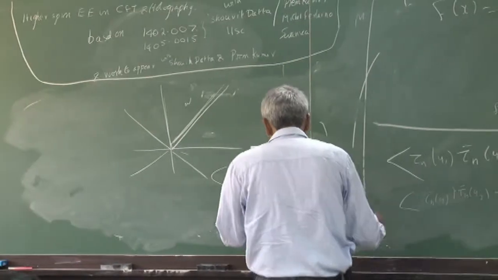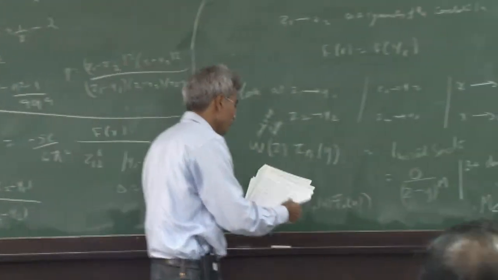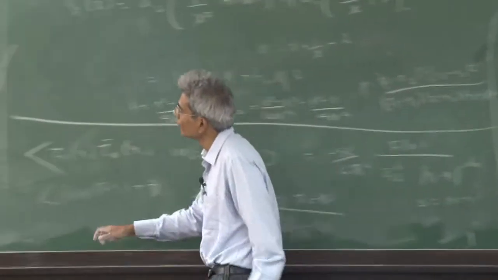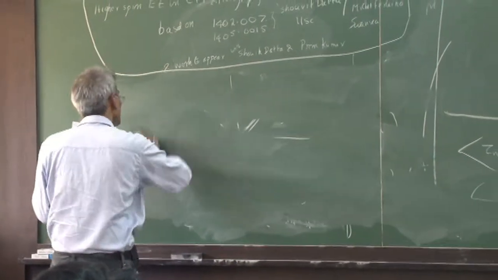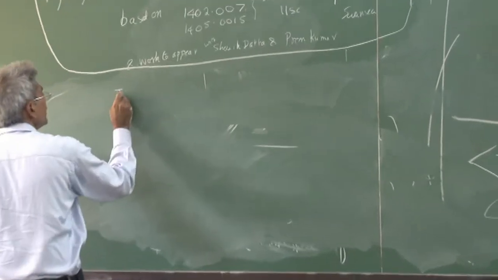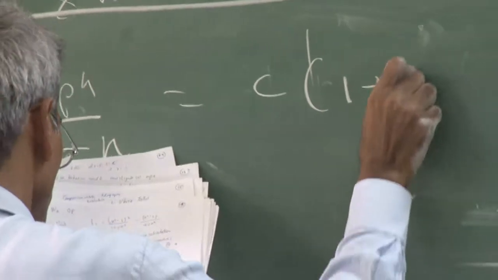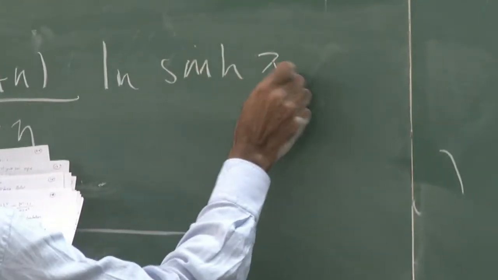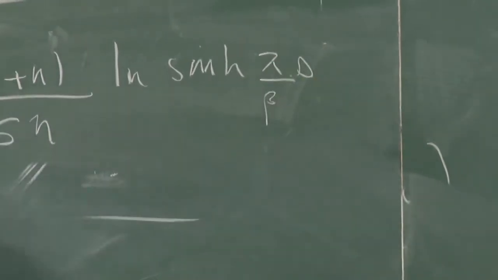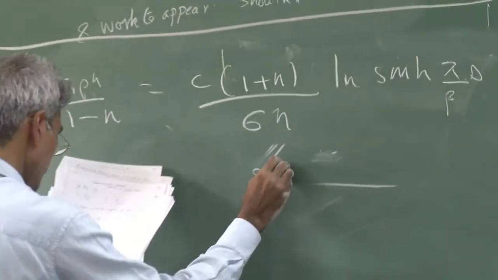Okay. So, let me just outline how that happens. Once you have the correlator, trace rho to the n by 1 minus n is the leading term, log sinh(pi delta by beta), plus some S2 correction.